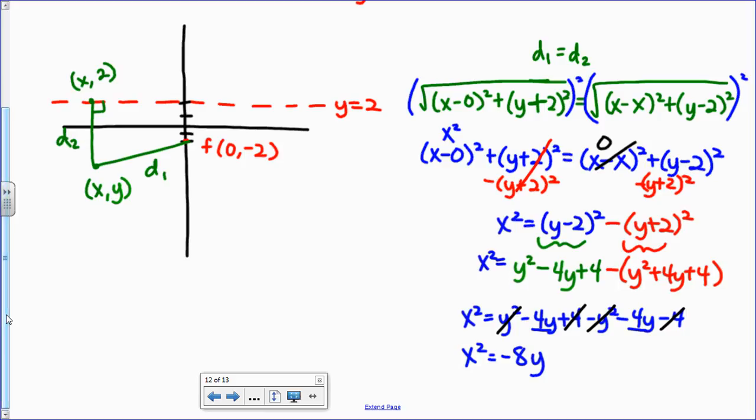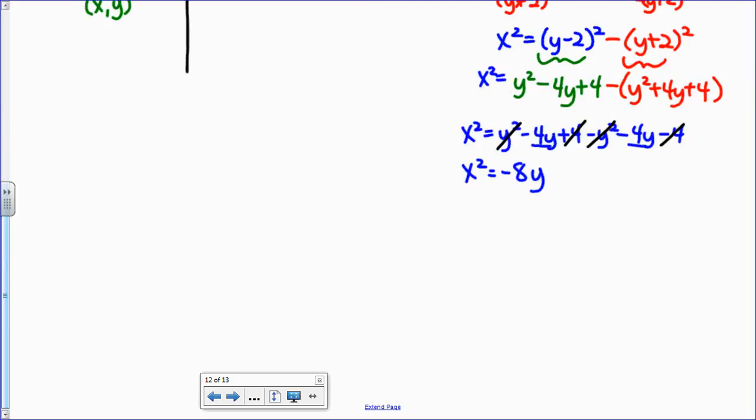X is my squared term, so I want the y by itself. So divide by negative 8. So I will get y equals x squared divided by negative 8. And then remember yesterday we talked about how we don't leave that as a denominator.